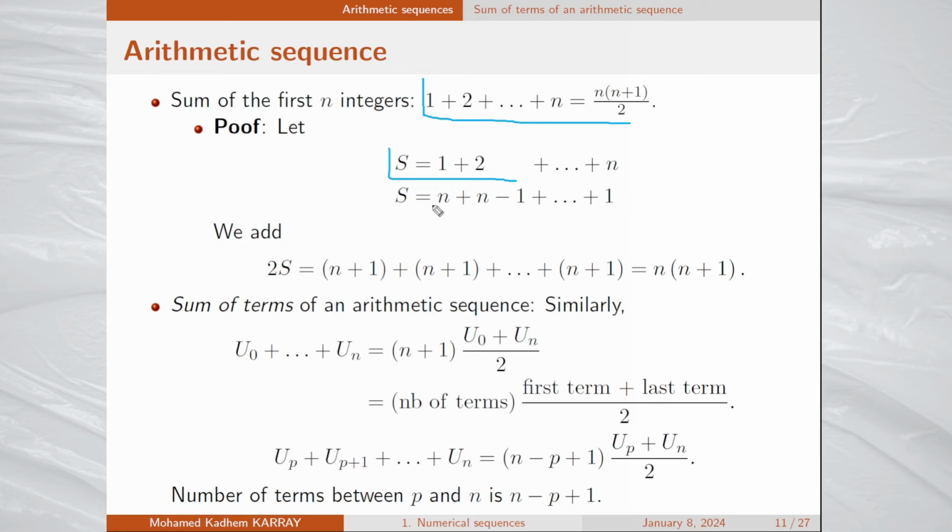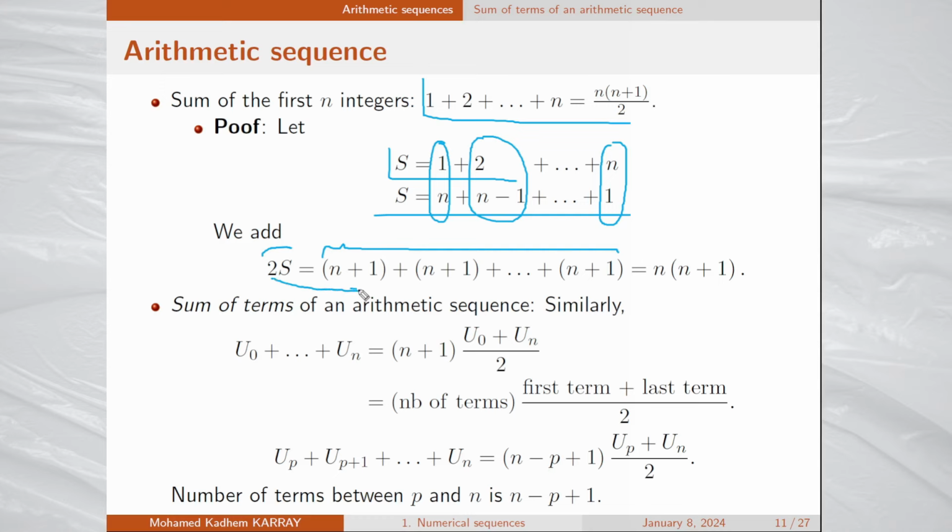If we add these two terms, we see that here we get n plus 1, but also here we have n plus 1, etc., until the last term, which is also n plus 1. So you see that 2 multiplied by S equals n plus 1, n times, which is n by n plus 1. So if we divide by 2, we see that S equals n by n plus 1 divided by 2, which is the desired formula.